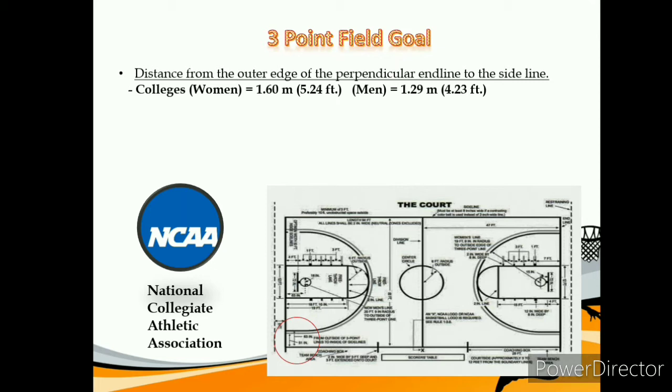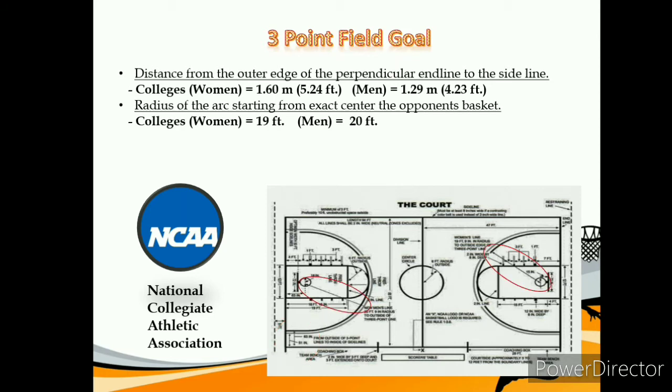So the distance from the outer edge of the perpendicular end line to the sideline for women is 1.60 meters or 5.24 feet, while for men, it's 1.29 meters or 4.23 feet long.